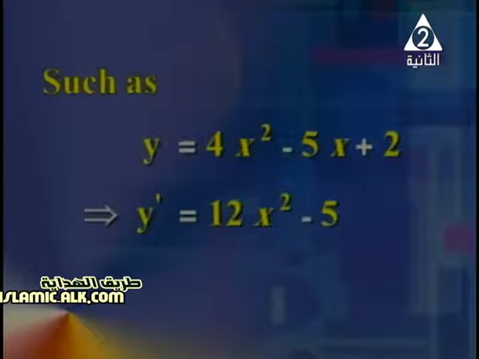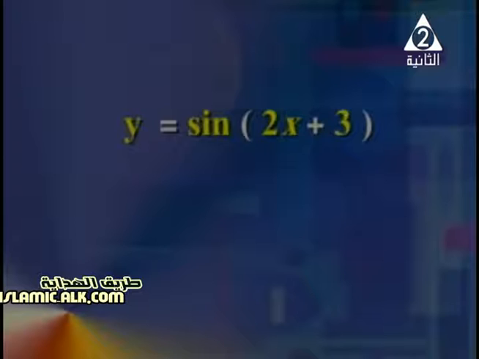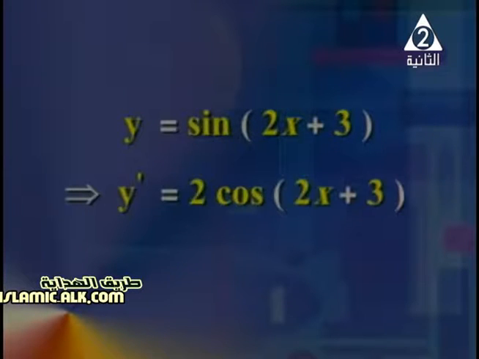Then y dash, or dy by dx, equals 8x minus 5. y equals sine of bracket 2x plus 3. Then y dash is 2 cosine of 2x plus 3.